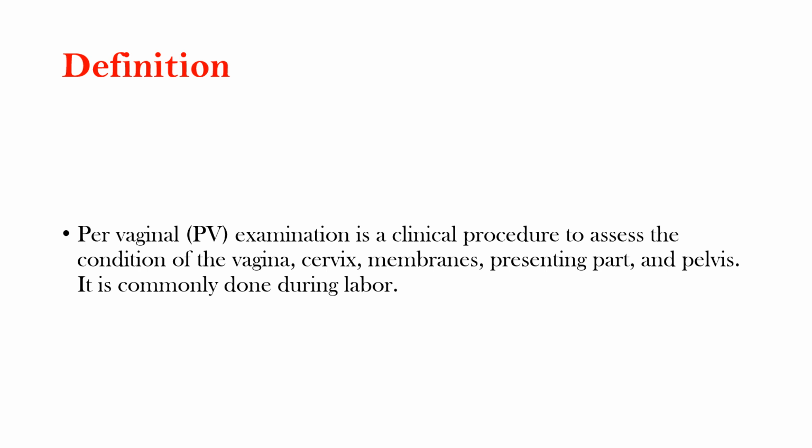That might be a head, face, or buttocks, anything that you need to assess. And pelvis. In the pelvis, we see whether it is favorable or not favorable for delivery. This per vaginal examination is commonly done during labor, and it is also done during term pregnancy, that is at 37 weeks of gestation.